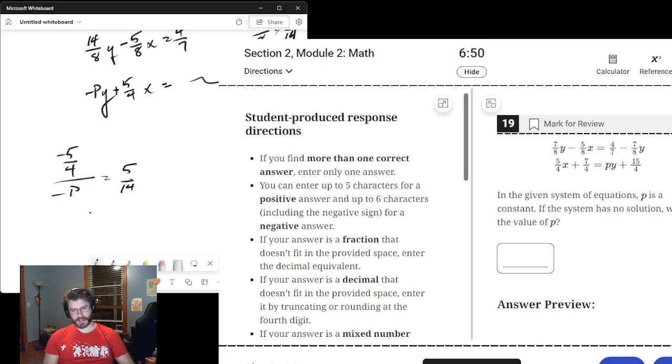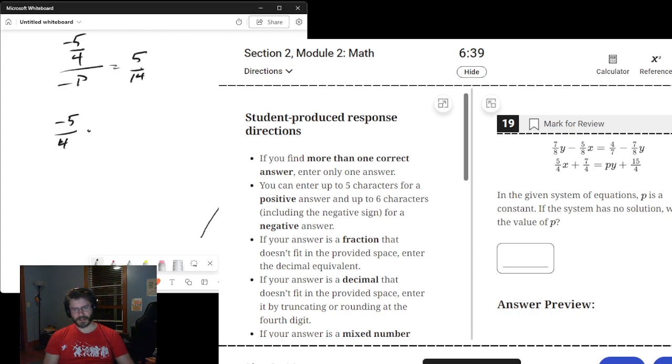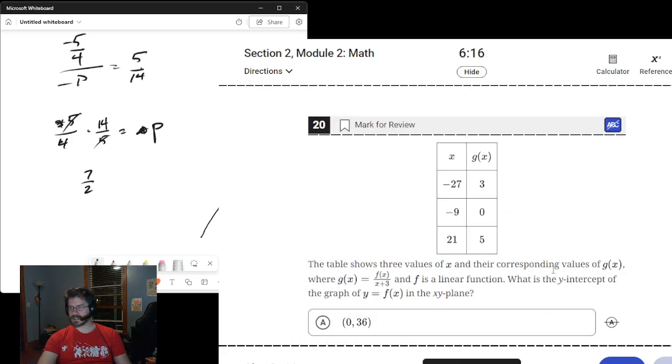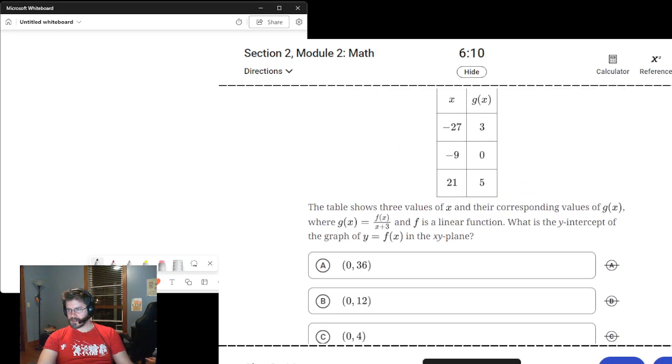Okay, multiply the p, divide that over, so negative 5 over 4 times 14 over 5 is equal to negative p, but the negatives will drop off. So positives, get rid of those. 5s cancel off. 14 over 4 is 7 halves. Okay, I'm just going to trust it. I'm not going to double check my work at this point. All the x's are 0.